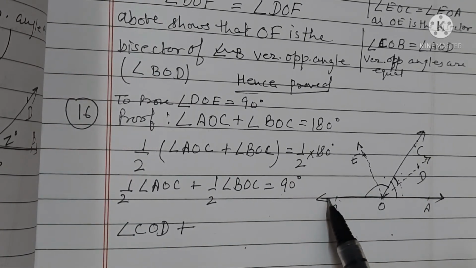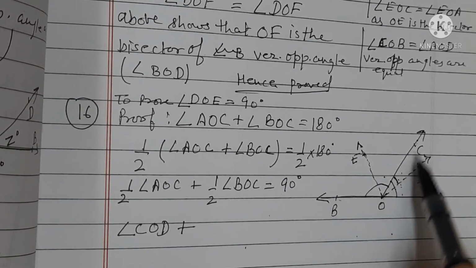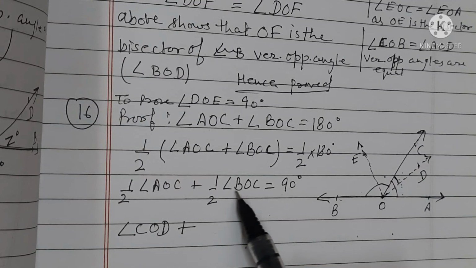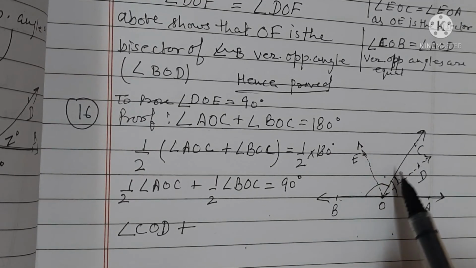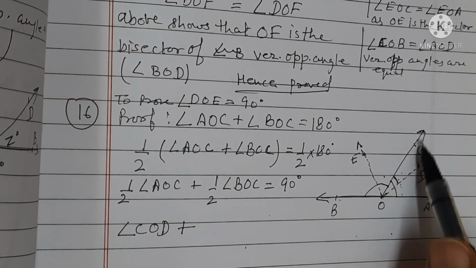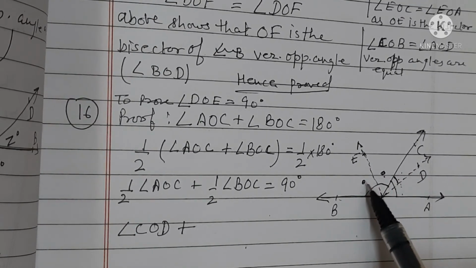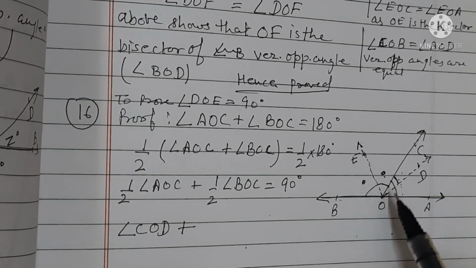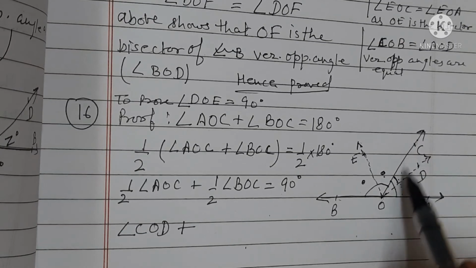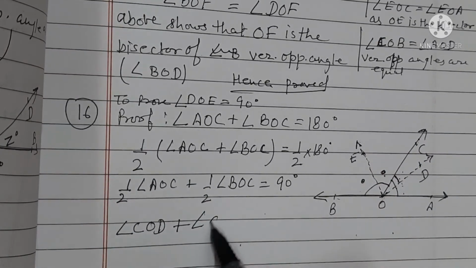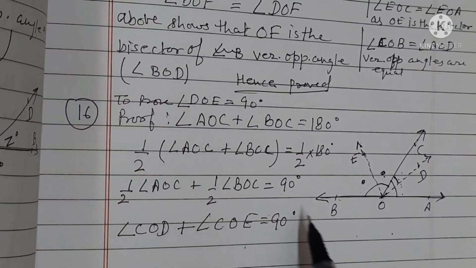See the angle BOC. This is the BOC complete, and half means bisector. OE is the bisector. It divides this angle into two equal parts. So we are taking this part EOC. You can write it EOC or COE, same thing. Angle COE is equal to 90 degrees.